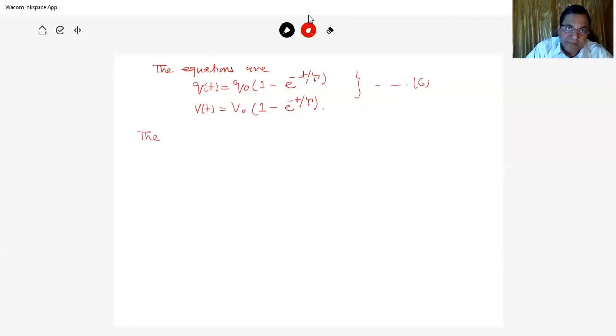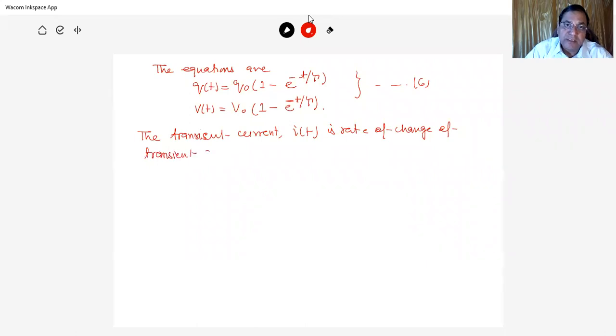The transient current I(t) is the rate of change of transient charge Q(t), that is I(t) is equal to dQ by dt.